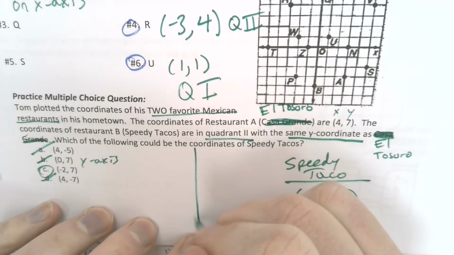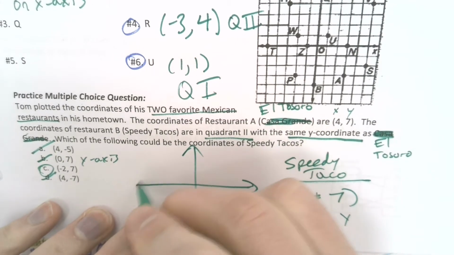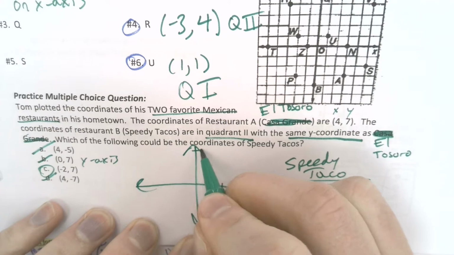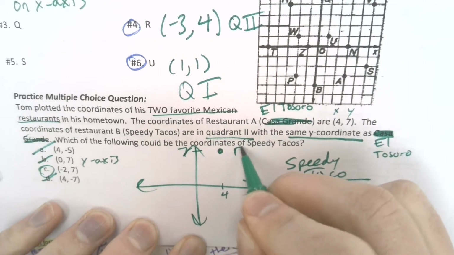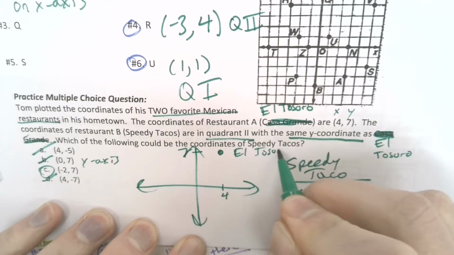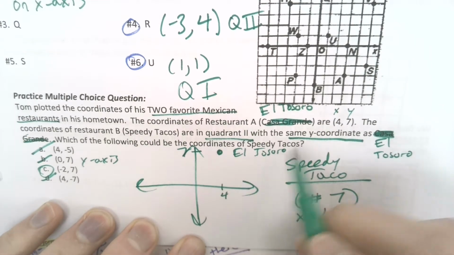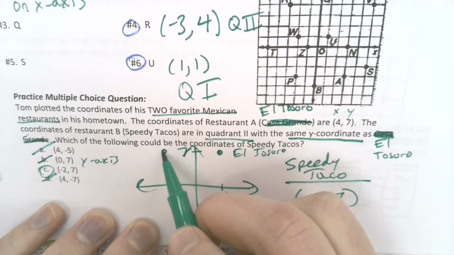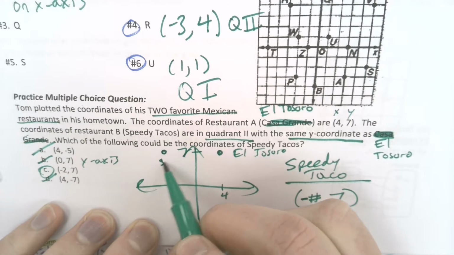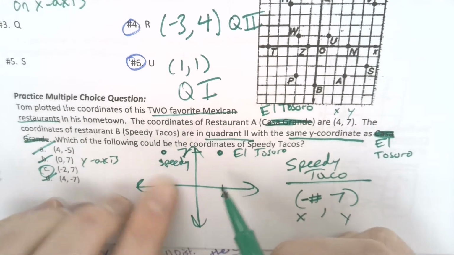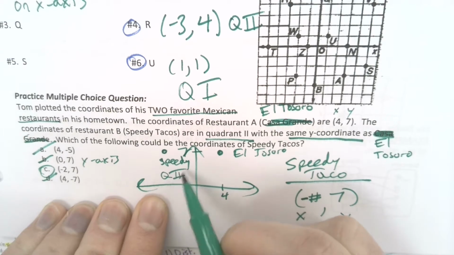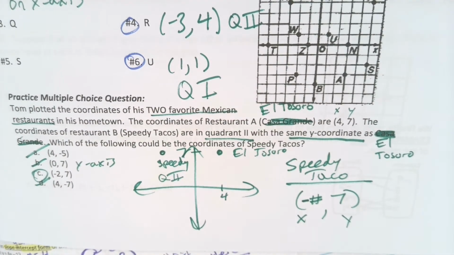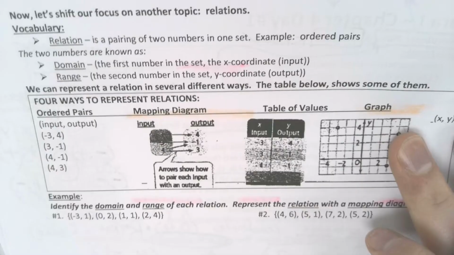And if you want a visual of this, you can try doing this on paper. So El Tesoro is at, say, 4, 7. We're told Speedy Taco is in quadrant 2 with the same y coordinate. And if it's in quadrant 2, obviously that's got to be a negative. So there you go. On to the next page.